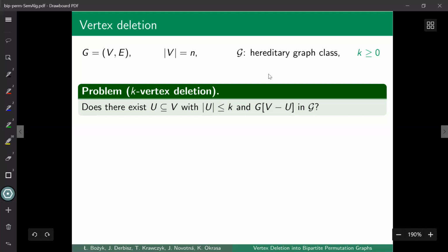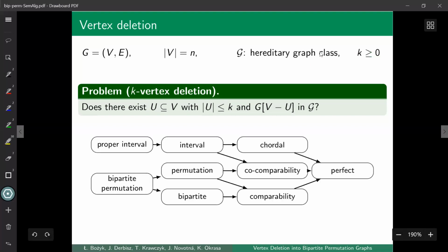And this parameterized problem turns out to have interesting solutions or non-solutions for some of the well-known classes, which can be our favorite ones. So let's have a look at the inclusion graph of some of them. Those are several subclasses of perfect graphs, where the arrow resembles inclusion of classes.